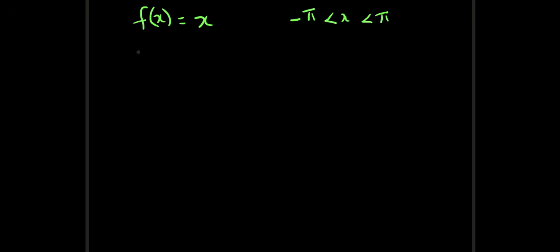The good news is f of x equal to x is an odd function. I'm sure you know f of x equal to x is a line passing through the origin with an inclination of 45 degrees, and the usual property of an odd function.